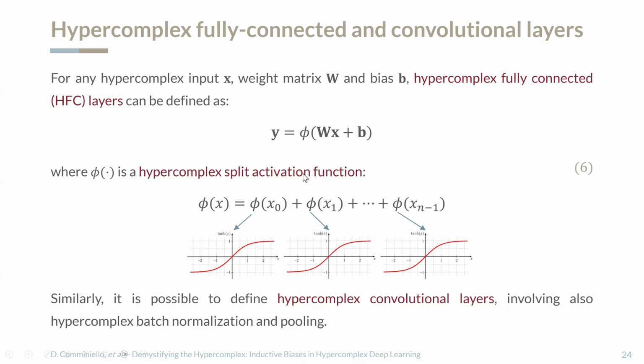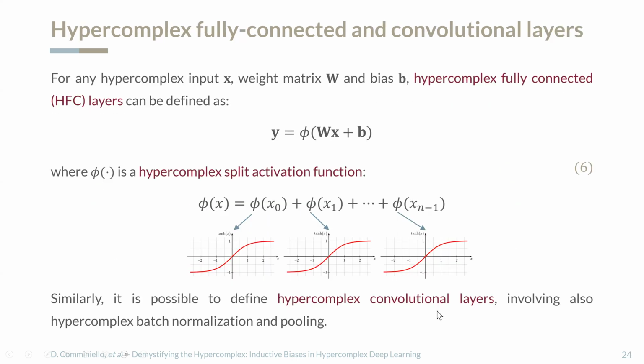Then for activation functions, since we need some nonlinear functions that are also differentiable, we can use some split activation function in order to keep something well contained, because it is an approximation, but a very soft approximation.